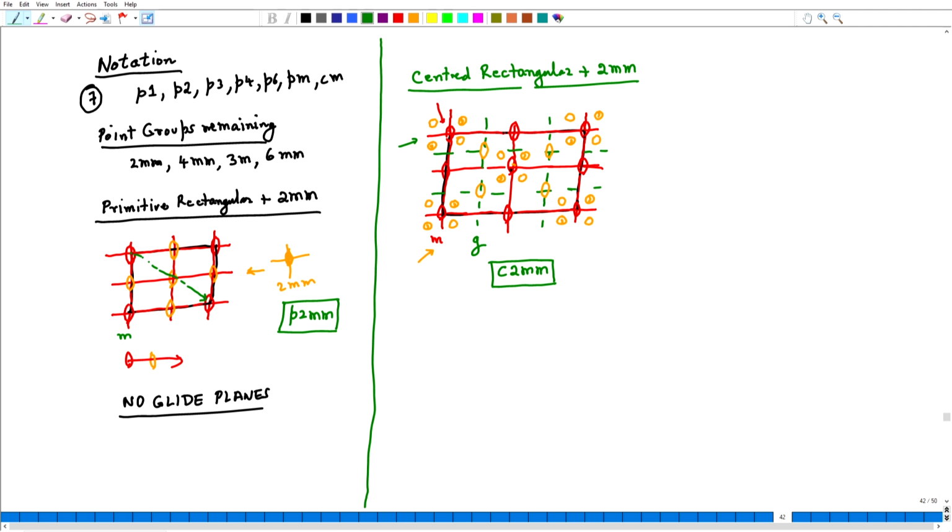Now, we have looked at primitive hexagonal net when we added a 3-fold and a 6-fold, but now to that primitive hexagonal net I can add the point group 3m, I can add the point group 6 mm, and let us see what happens when we do this. So, let us start with primitive hexagonal with 3m.